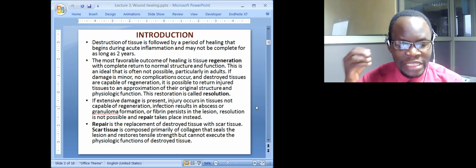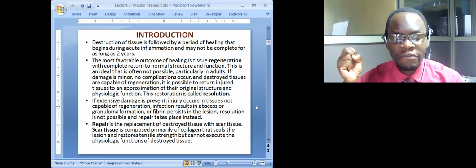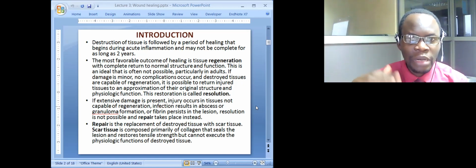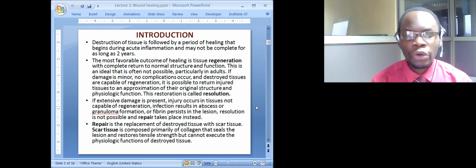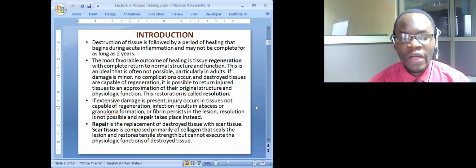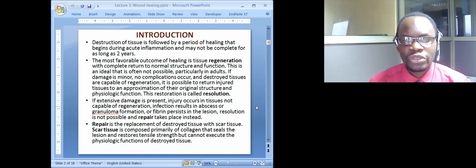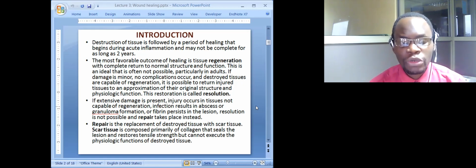What happens here is that instead of regeneration or resolution, we have what we refer to as repair. In simple terms, if there is no extensive damage and no complications, then the tissue will regenerate, or we shall have what we call resolution.